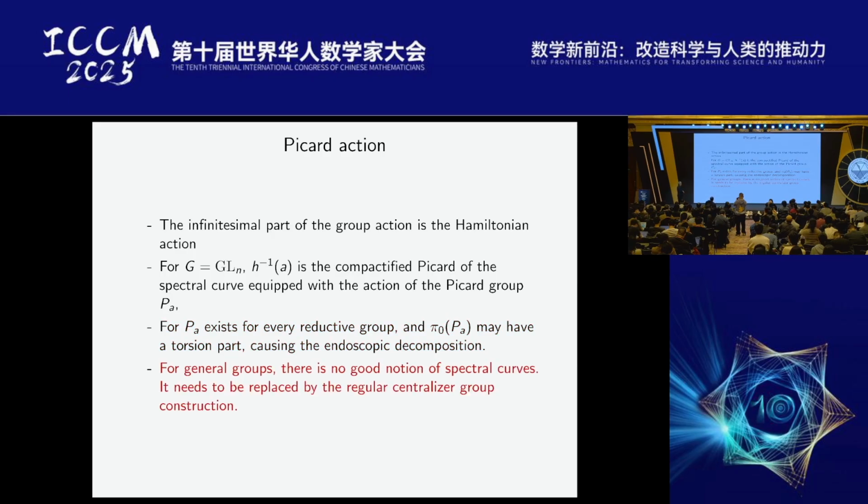The way that you can define this Picard action relies on invariant theory. The usual Hitchin fibration is an invariant theory of the adjoint action, and the central object is called the regular centralizer, which I now want to explain.